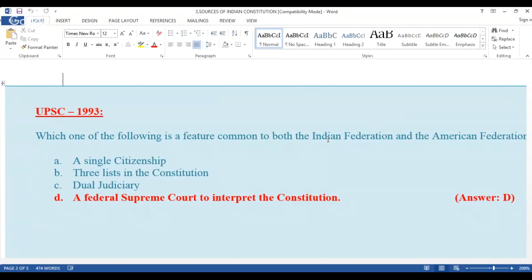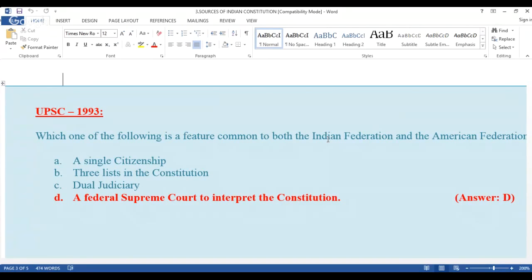But if you look at India and America, there may be so many differences. Like, for example, in India, we have parliamentary form of government, and in America, it's the presidential form of government. But being the federations, what is the common feature? Common feature for both India and America.